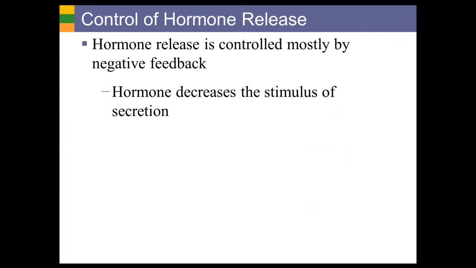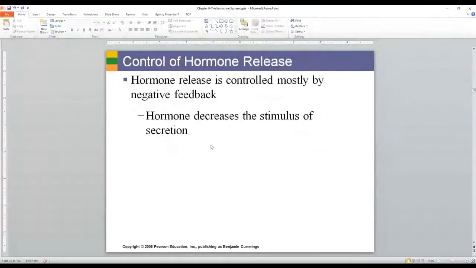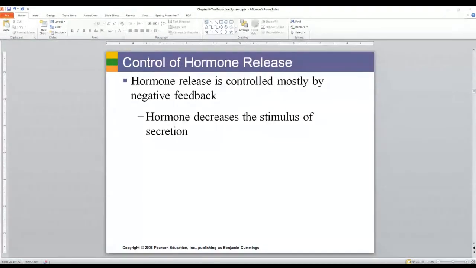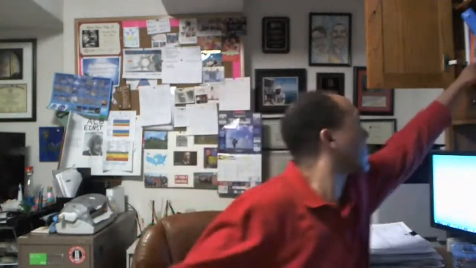Okay, so we are at the end. Before we go, I just want to tell you, please read in your book the chapter on the endocrine system. Remember, you want to always stay ahead of me.